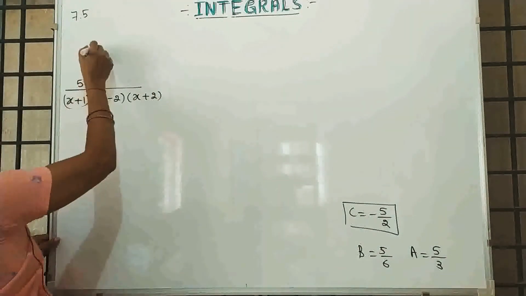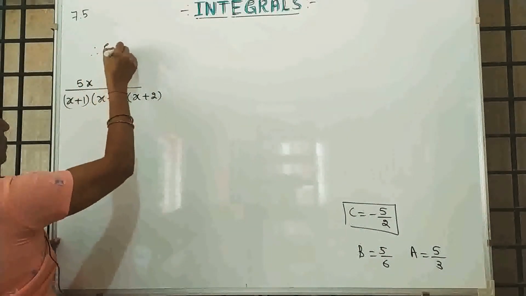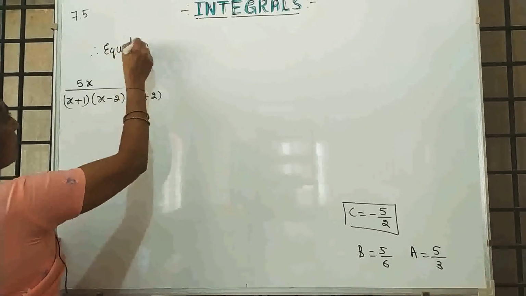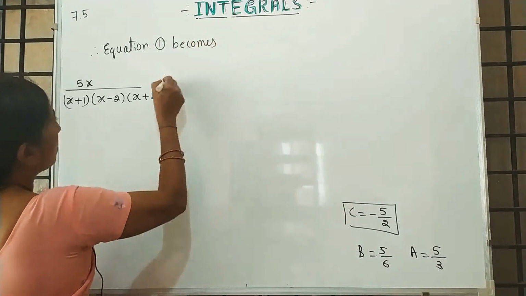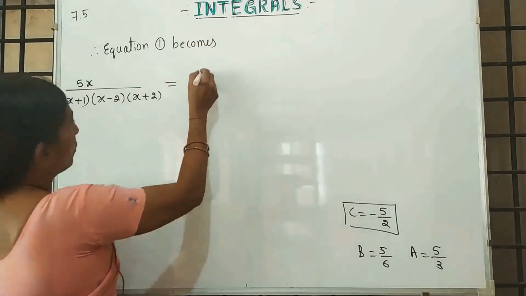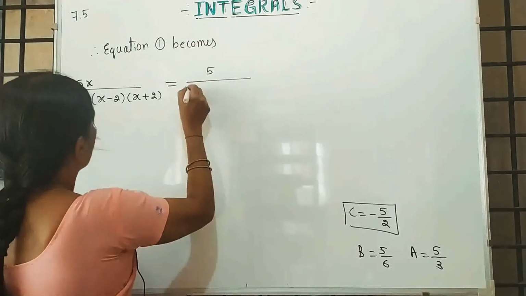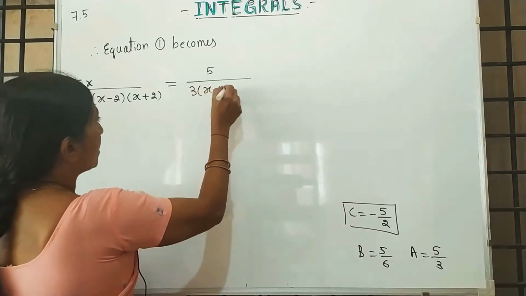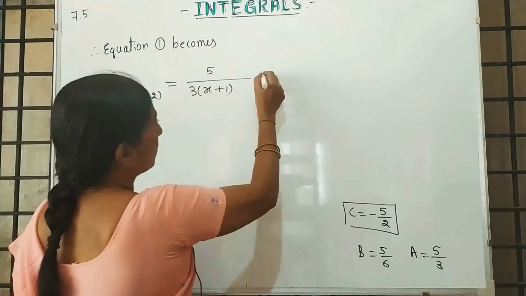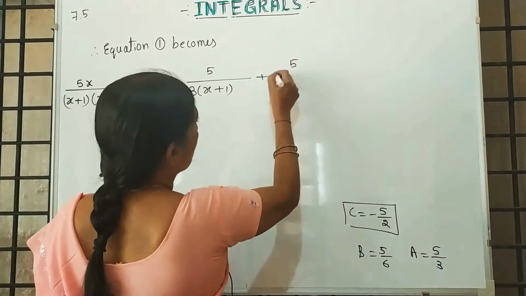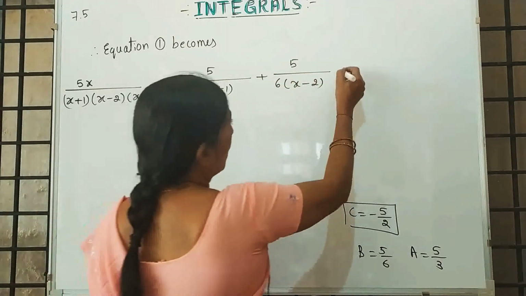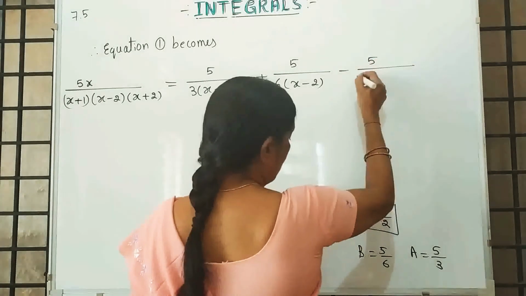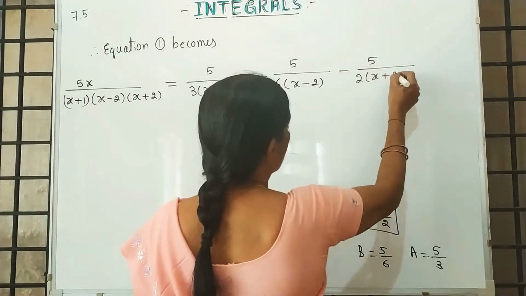Therefore, equation 1 becomes: this is the A value, 5 upon 3 into (x plus 1), plus B, 5 upon 6 into (x minus 2), minus 5 upon 2 into (x plus 2).